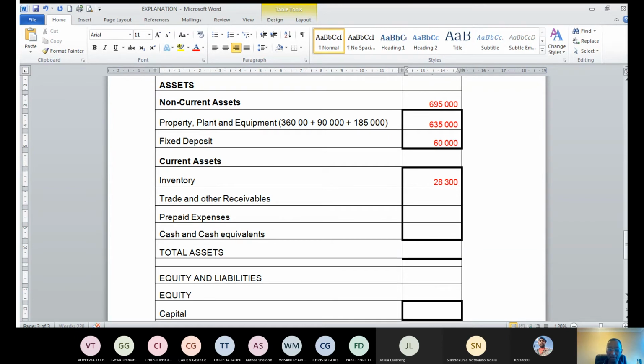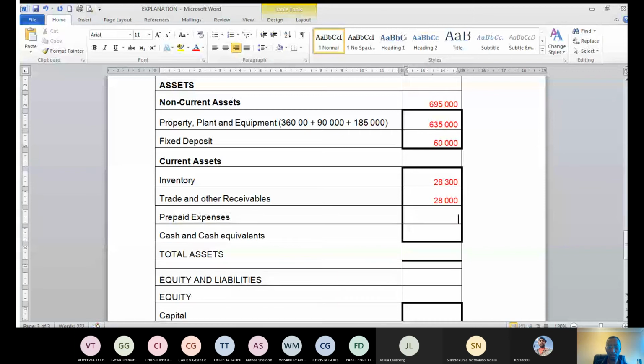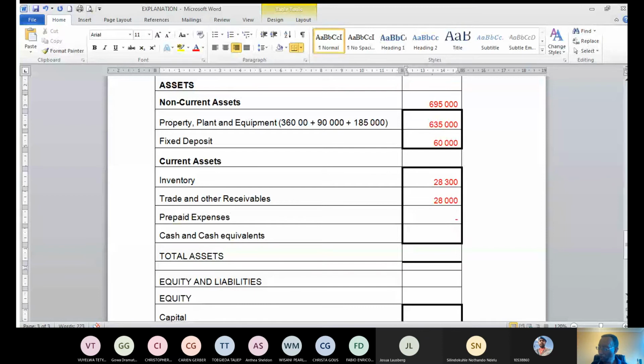Our trade and other receivables, with the activity that we're dealing with, we don't have any further information. So our trade and other receivables will only consist of our trade receivables of 28,000 rand. At this stage, we've got no prepaid expenses, and our cash and cash equivalents is the amount of the bank now, 43,500 rand.